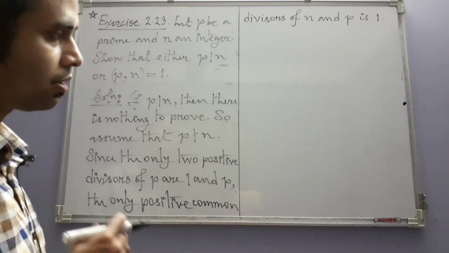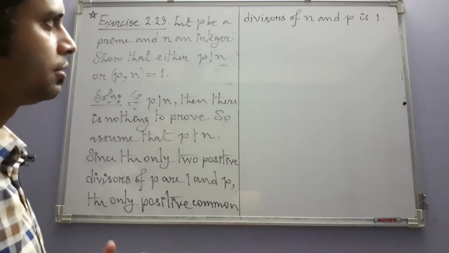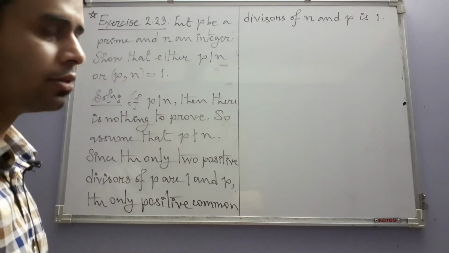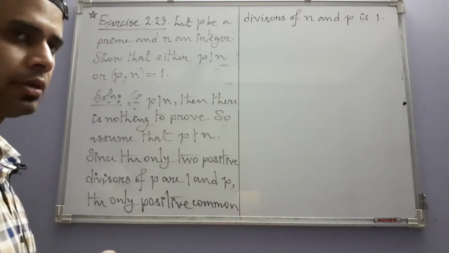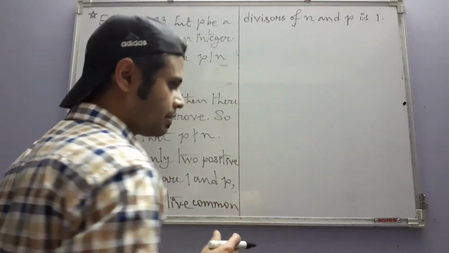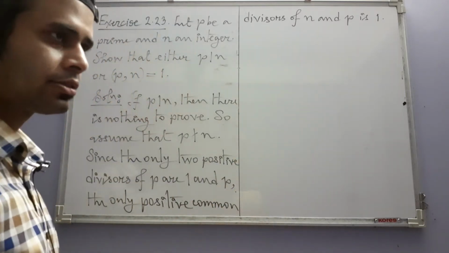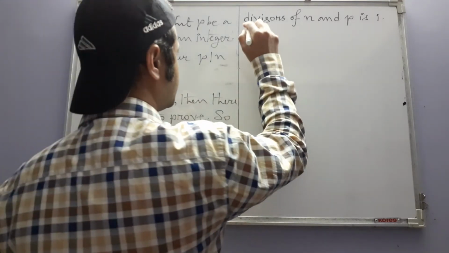So 1 is always there in the list of divisors of a given integer. So 1 is a common divisor of n and p, and that is the only positive common divisor. So that is also naturally the greatest common divisor, greatest positive common divisor.